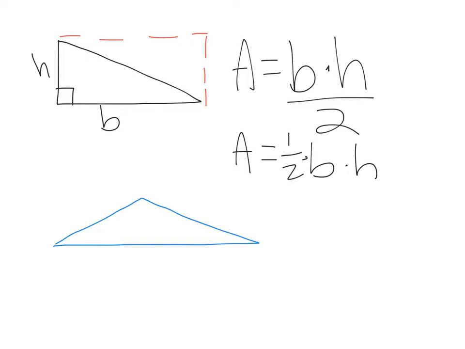The main thing we want to remember here is that the base and the height are perpendicular to each other. That just happens with rectangles and squares, but not always with triangles and some of the other polygons we're going to be dealing with here. So what we want is that height to come down. That's going to be our height, which is drawn perpendicular to the base.